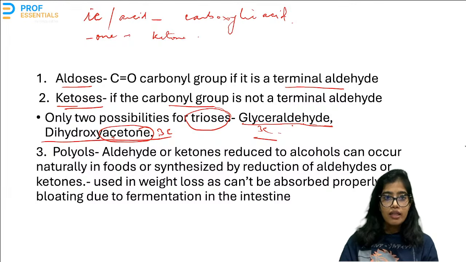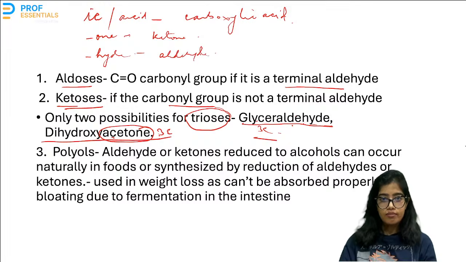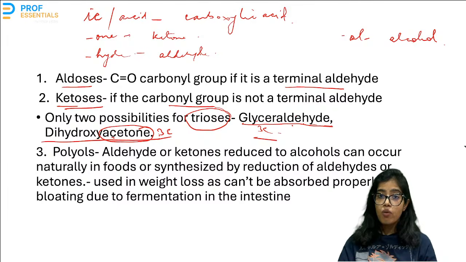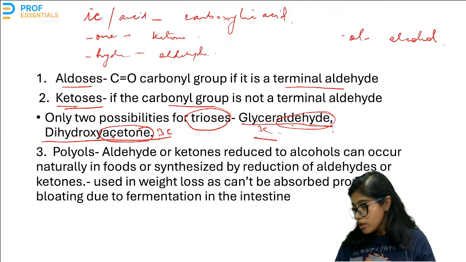"Dehyde" or "hyde" refers to aldehyde. And "ol" refers to alcohol. So even if you don't remember what glyceraldehyde is, you know that it is an aldehyde. It is hidden here, and acetone is hidden here in dihydroxyacetone.